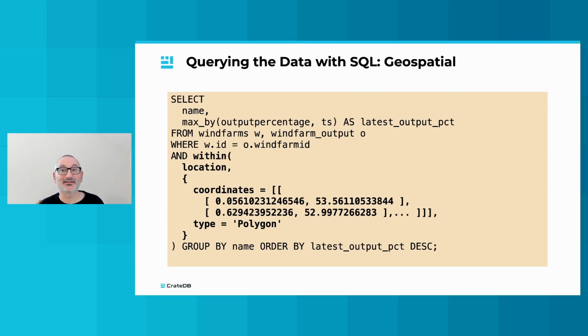So to get the latest output percent here, I'm saying I want the value of output percentage at the point at which TS, the timestamp, is at its maximum. And then we're going to combine that in the same query with this geo filter that says the wind farm has to be within the polygon that we are describing.